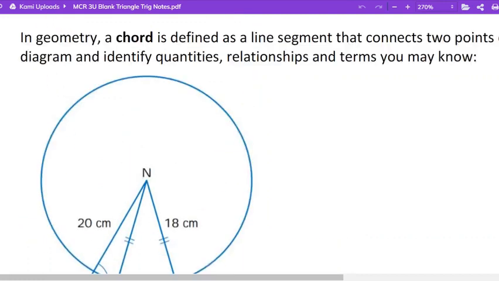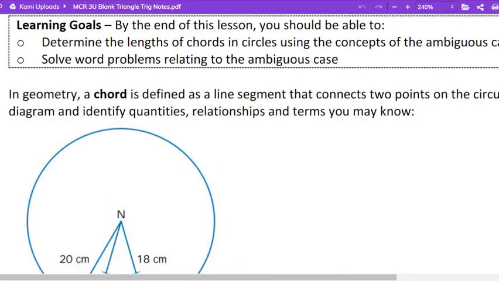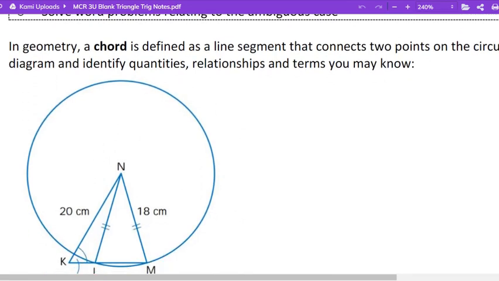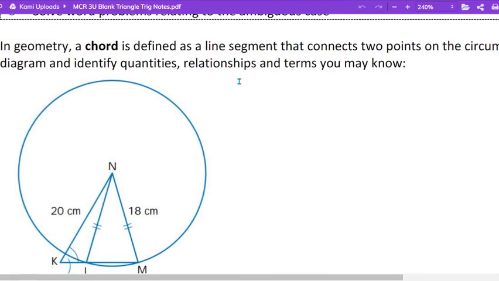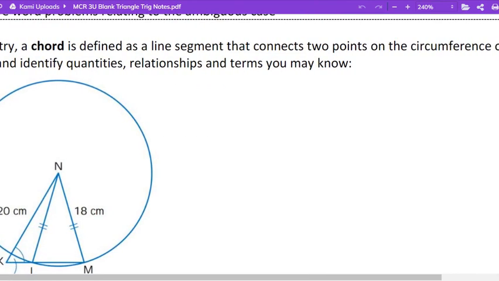Okay? All right. So let's look at this first question where we are talking about a chord. Now, a chord is defined as a line segment that connects 2 points on the circumference of a circle. So this is a chord.